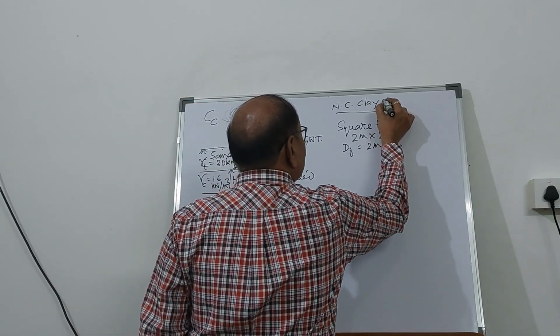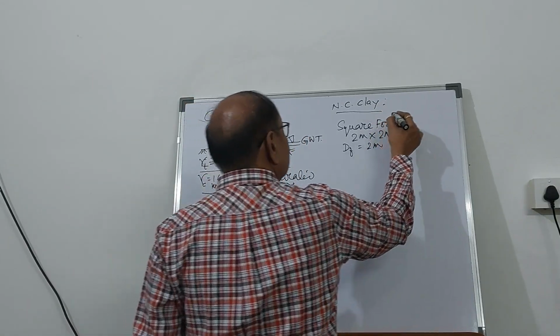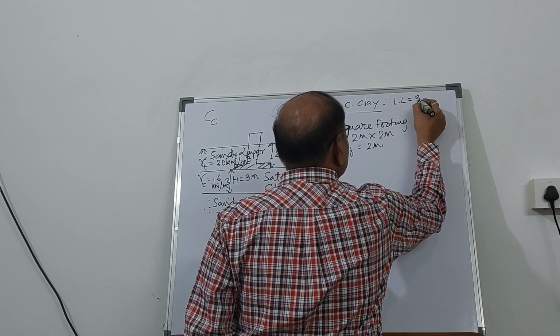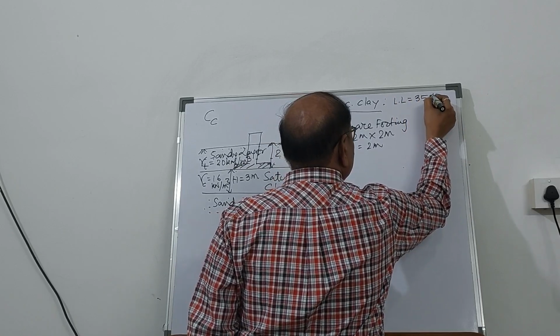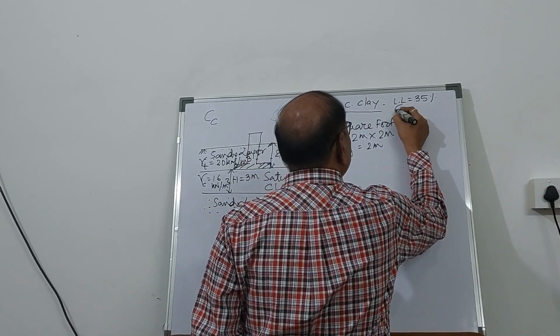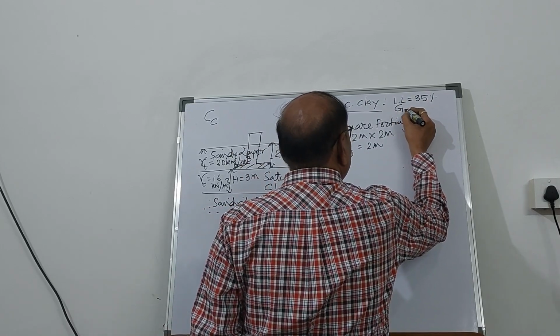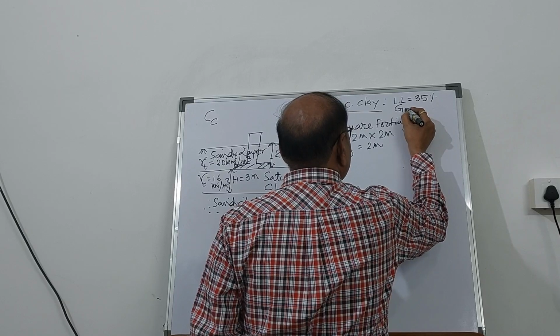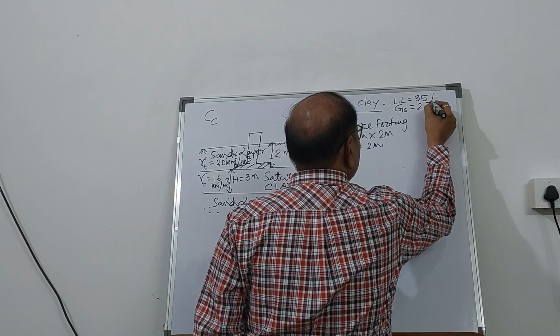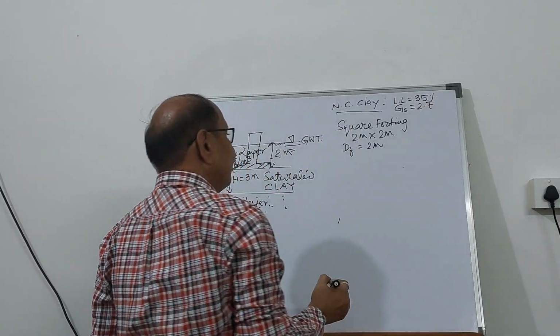For normally consolidated clay, the liquid limit is 35%. And the value of Gs, that is the specific gravity of the soil solids, Gs equal to 2.7.